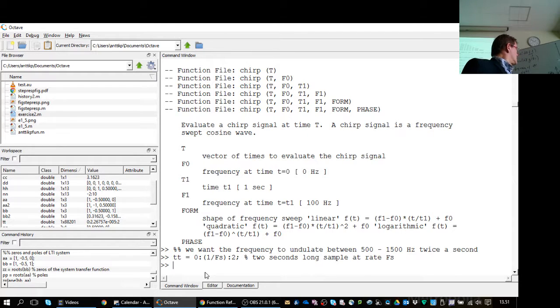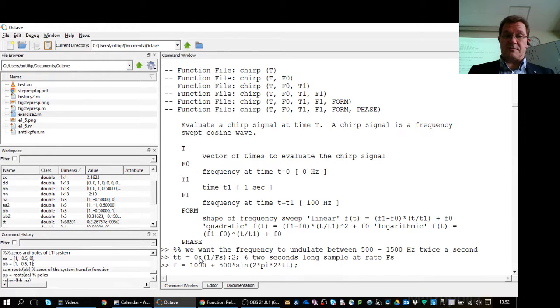And our frequency f would be that 1 kilohertz plus sine of 2 times pi times 2 times per second times tt, and this has an amplitude of 500 hertz.